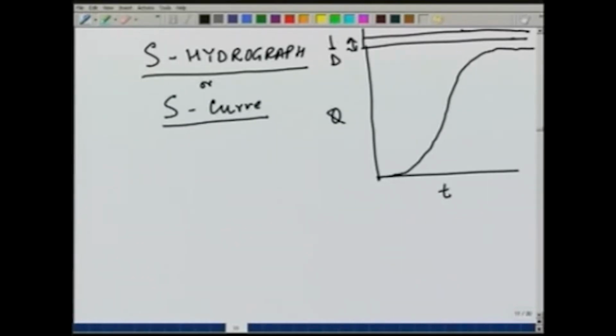So, if we obtain the S curve for a given rainfall, let us look at how to obtain the S curve for a given duration d.